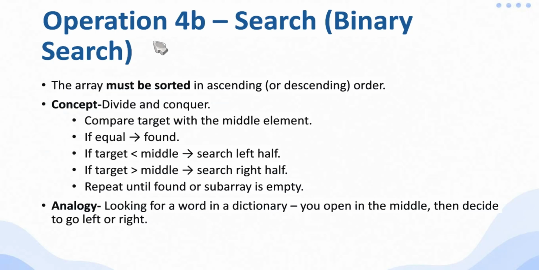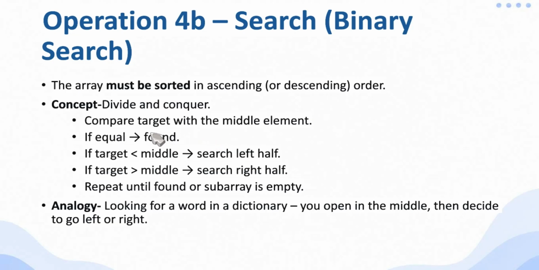Now let's look at binary search. Binary search is a classic divide and conquer algorithm. We will discuss it later, but it requires the array to be sorted, usually in ascending order. How does it work? Compare the target with the middle element.